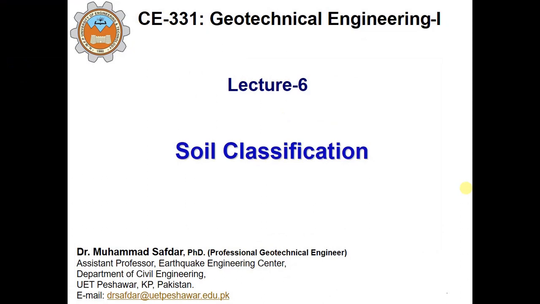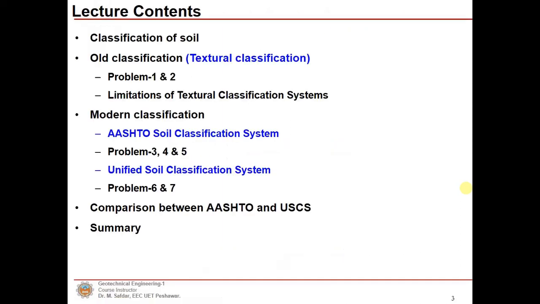Today we are going to learn about the AASHTO soil classification system. This is the second part of lecture 6, soil classification system. Now, in our previous lecture, we studied the classification of soil.